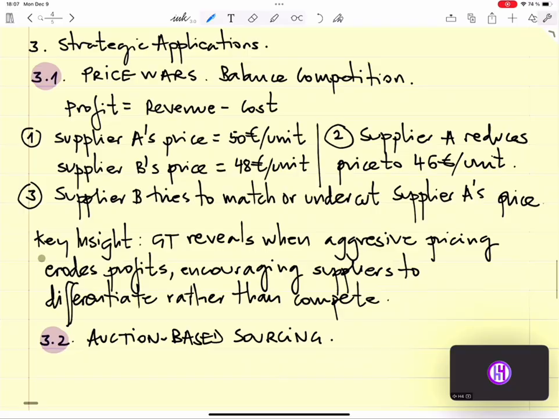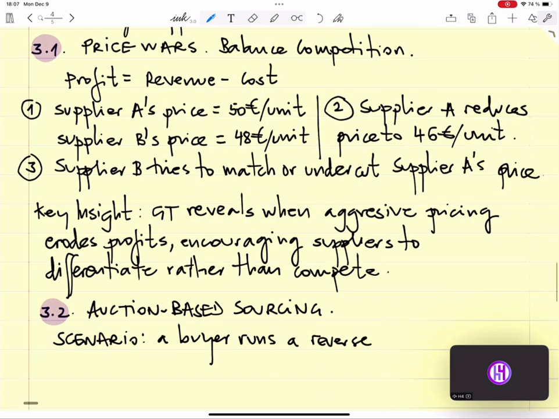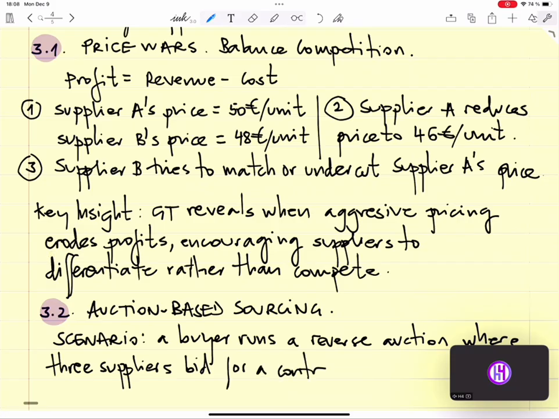So in this scenario, a buyer runs a reverse auction where 3 suppliers bid for a contract. So supplier A, B, and C.